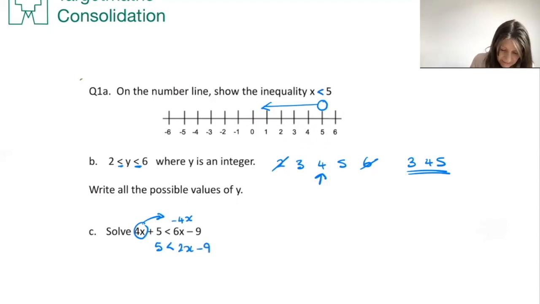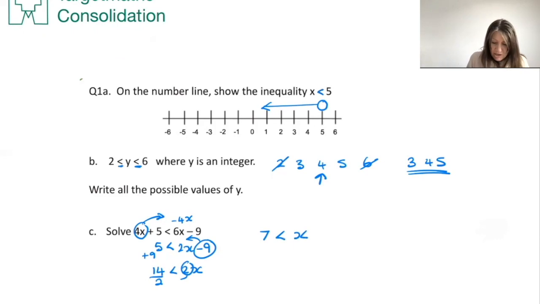Okay, I'm then going to hop my minus 9, which will land as a plus 9. Well, 9 and 4 is 14. And then I'm going to divide through by that 2 so that I end up with 7 and x. Okay, 7 is less than x, or x is greater than 7.